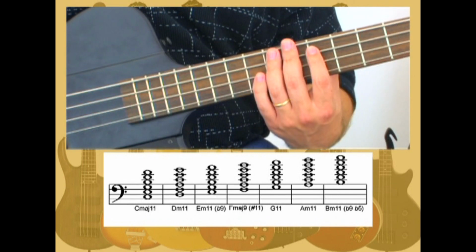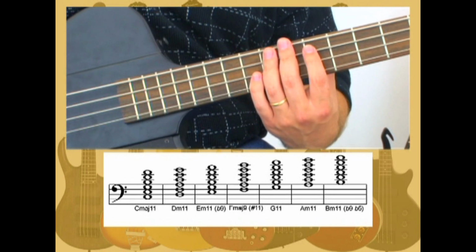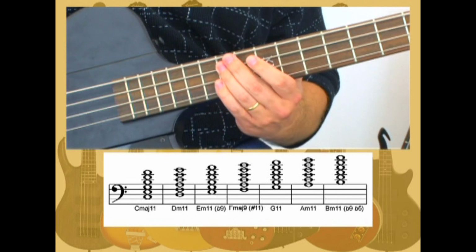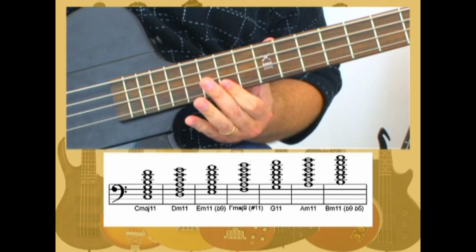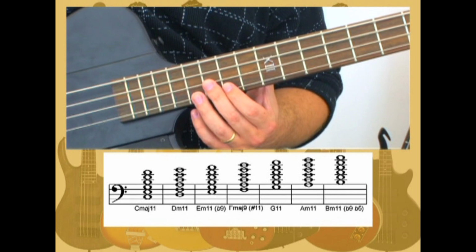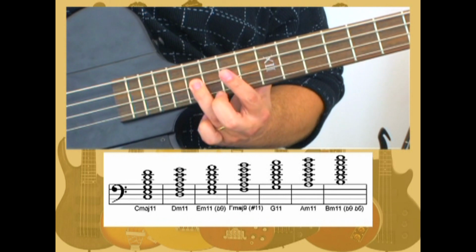The 3 chord is an E minor 11 flat 9 when sticking with the scale notes: E, G, B, D, F, A. It is often altered to an E minor 11 by raising the 9th interval to F sharp.